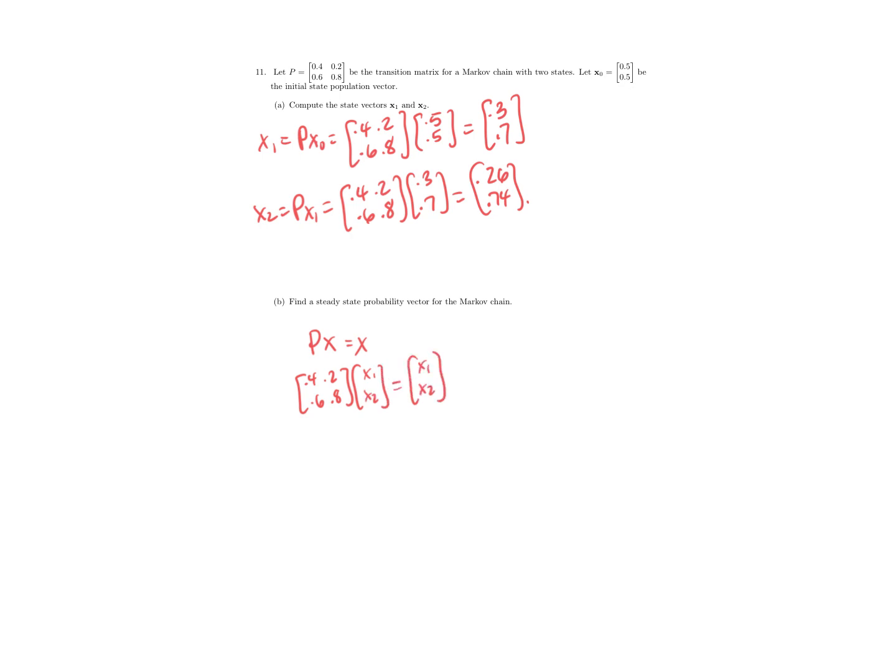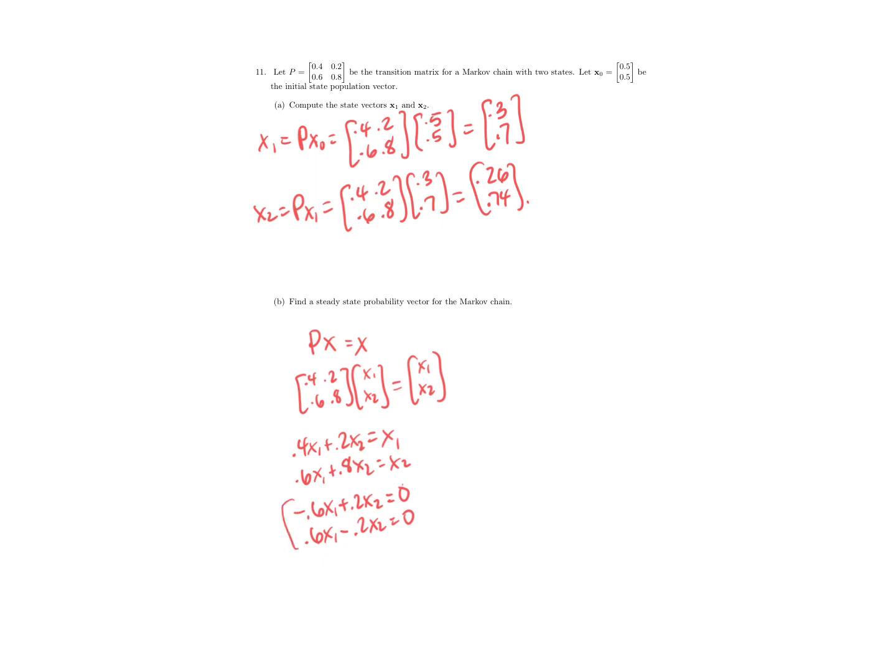So we can write some equations there. We have 0.4 x1 plus 0.2 x2 equals x1, and then 0.6 x1 plus 0.8 x2 equals x2. So we can subtract over. I get negative 0.6 x1 plus 0.2 x2 equals 0, and 0.6 x1 minus 0.2 x2 equals 0.